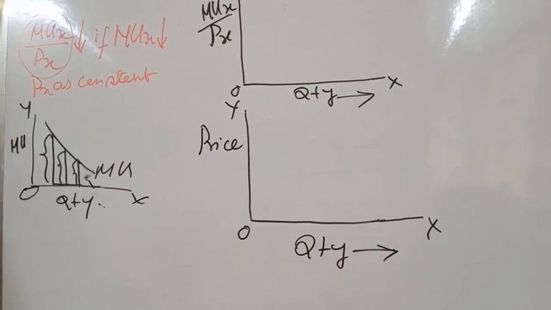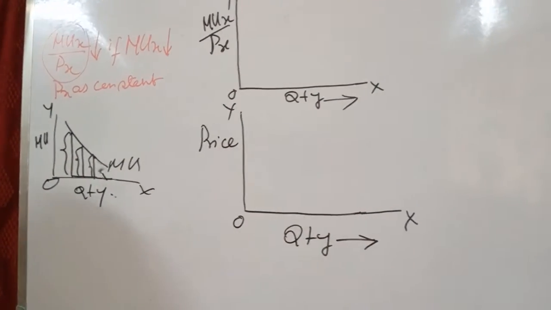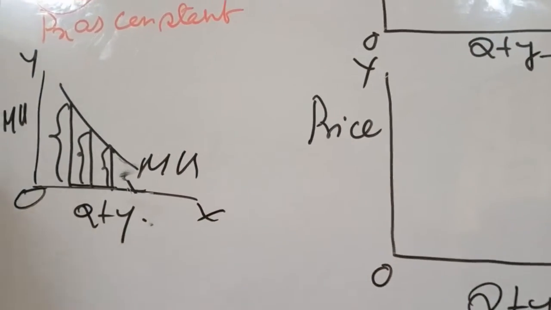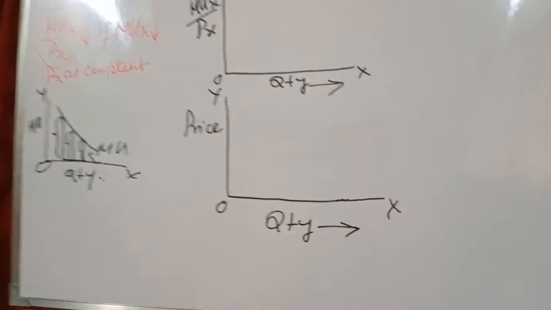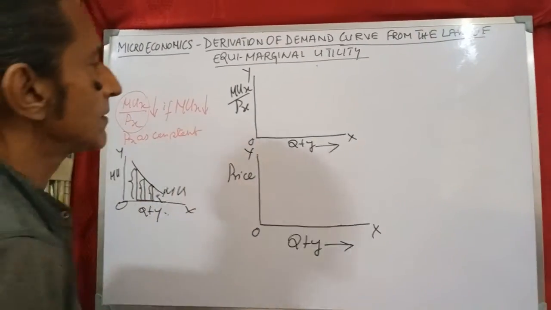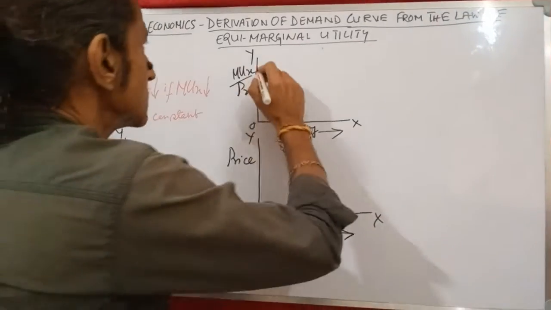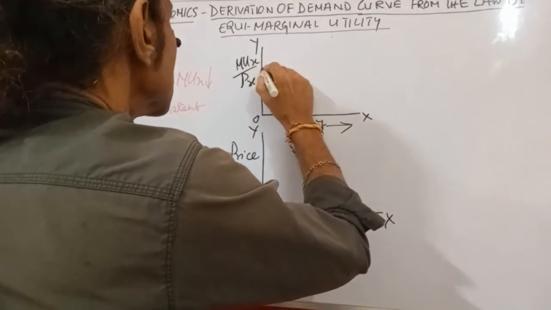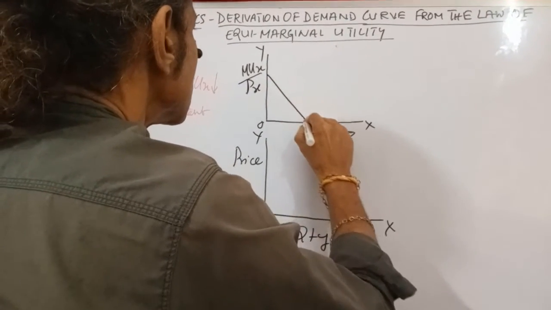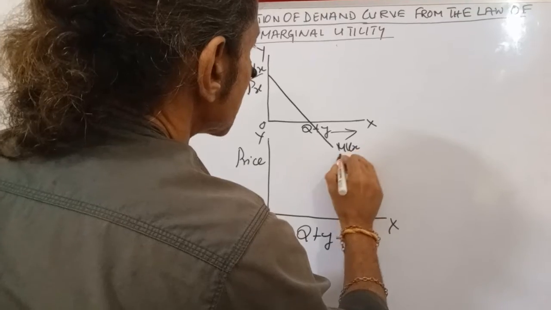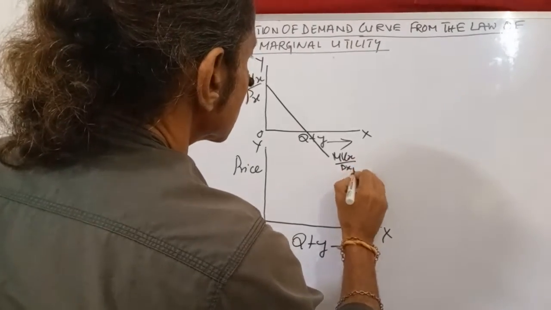That is why the marginal utility curve is downward sloping from left to right. If Px, that is price of x, remains constant, then MUx by Px will also fall. Suppose price of x is Px1. So this is MUx by Px1 line.